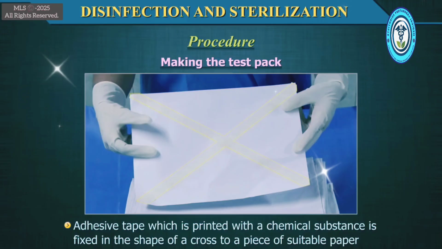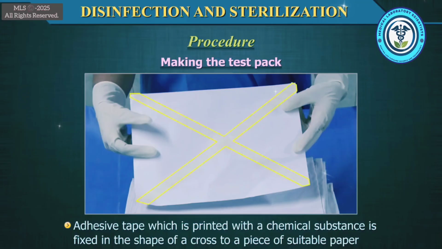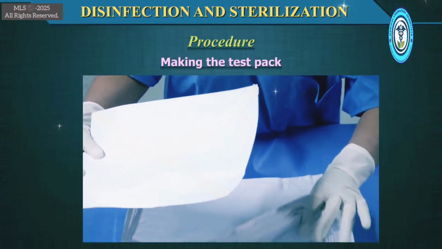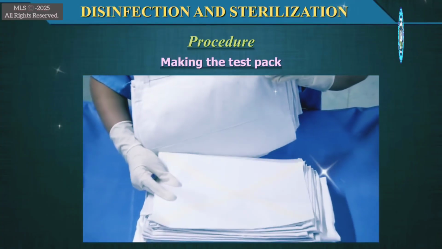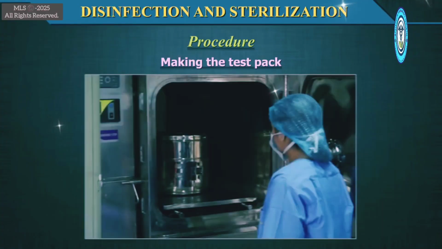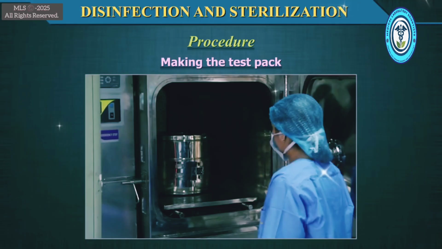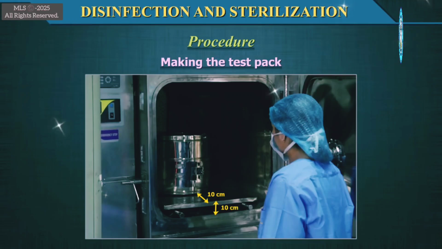An adhesive tape, which is printed with a chemical substance, is fixed in the shape of a cross. This test sheet is placed in the center of a stack of towels. The test pack should be placed on the longitudinal center line of the chamber 10 cm away from any door and 10 cm above the chamber base of an otherwise empty sterilizer.